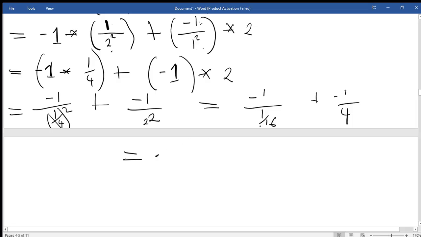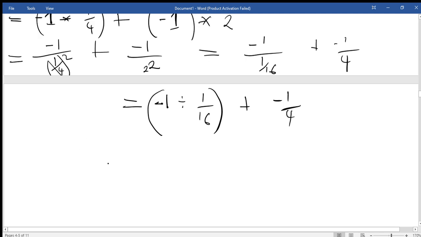Obviously you can perform your mathematics there. Negative 1 divided by 1 over 16, plus negative 1 over 4. Let me take it the grade 1 way for people not to get confused. Obviously we know that when you are talking about division of fractions, this will reciprocate, this changes to multiplication. The answer becomes negative 16 here, plus negative 1 over 4.